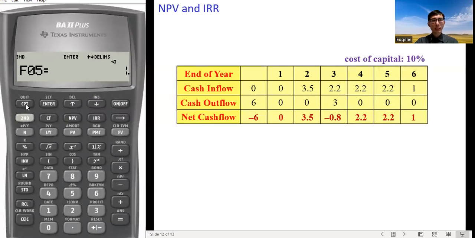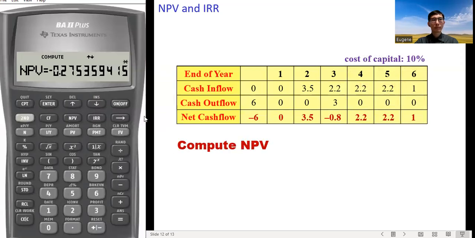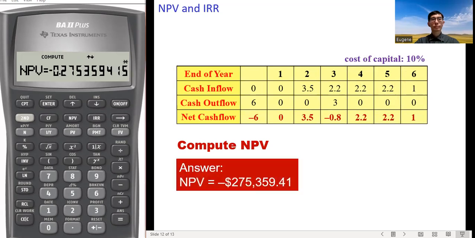And then we can quit the CF worksheet, get the NPV, enter the cost of capital, 10%. And then we can get the NPV. The answer on the calculator is in $1 million, -0.275.